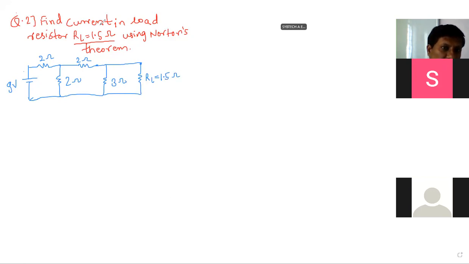The question is to find the current passing through this load resistor. How to start solving this example? Find terminals A and B.